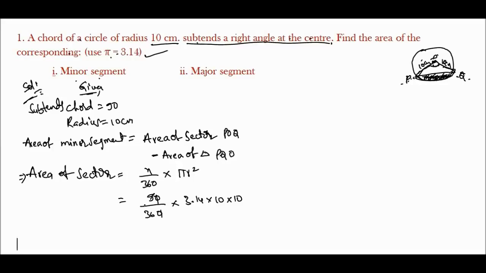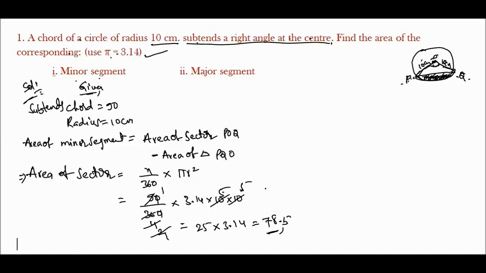The zeros get cancelled. 90 by 360 is 1 by 4, and 100 by 4 is 25. So 25 into 3.14 gives 78.5.